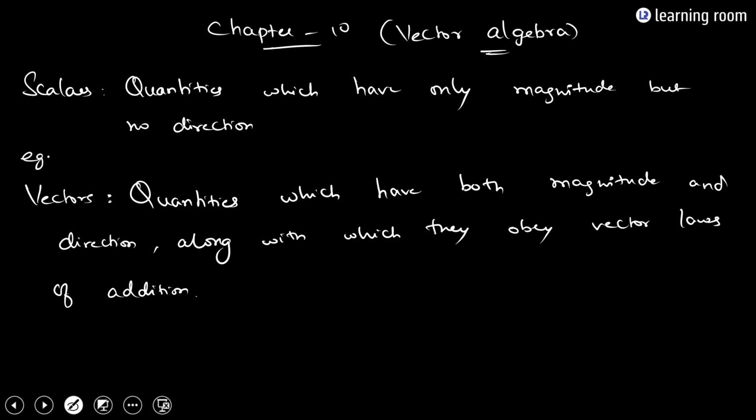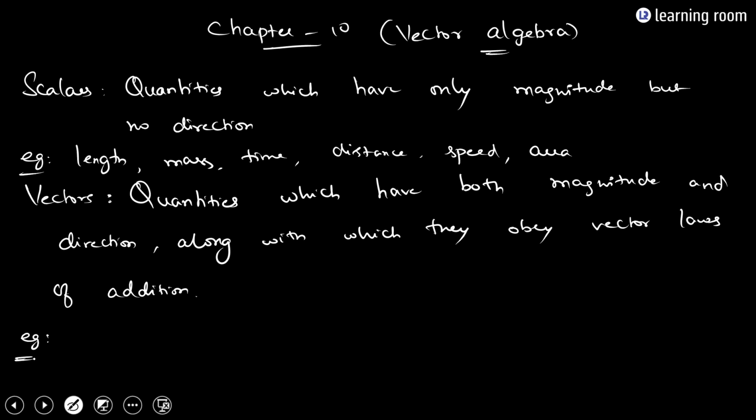So, examples of scalar quantities are length, mass, time, distance, speed, area, etc. All these quantities are scalar quantities.